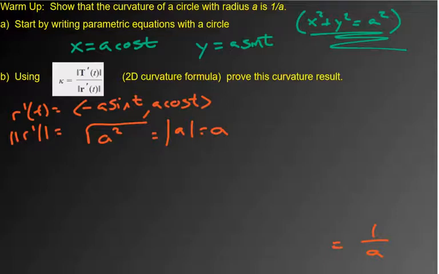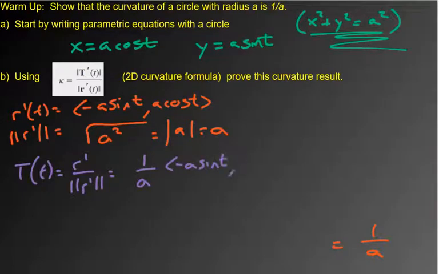And then we need to know T prime. So let's start with T. Capital T is r prime over the magnitude of r prime. So we have all those things. We get 1 over a, which is the magnitude part, times the vector minus a sine t, a cos t.